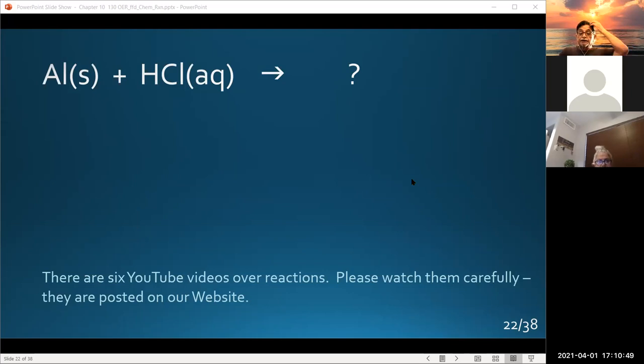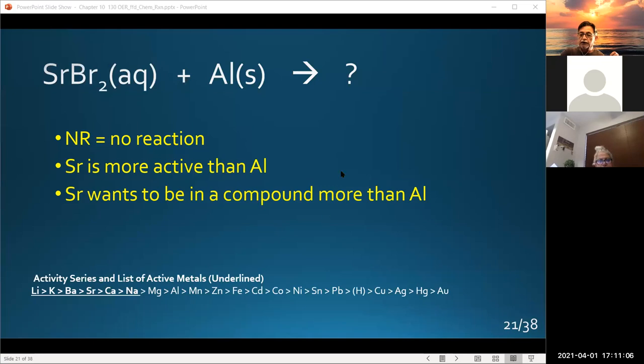Okay, here's the question: aluminum versus HCl, hydrochloric acid. Well, what we're doing here is comparing aluminum with hydrogen, and so we go to the activity series. Look where aluminum is. Look where hydrogen is.